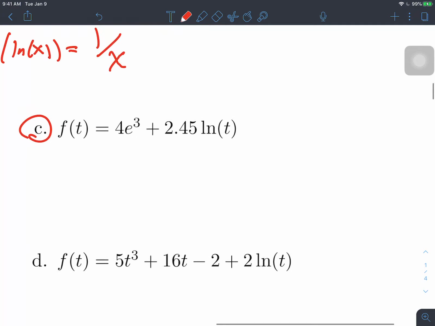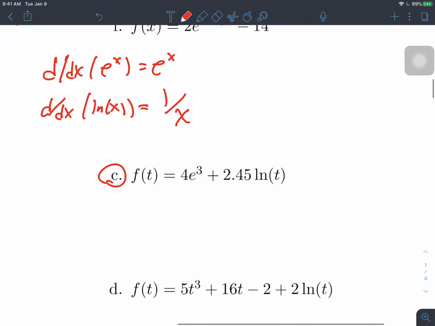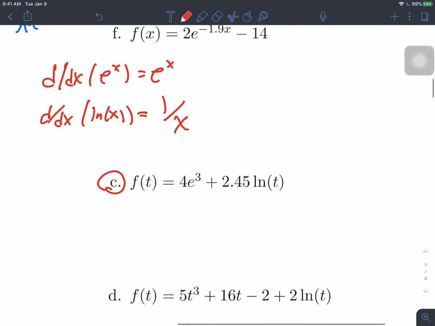What they're thinking is, aha, I just told students about the derivative of e to the x, which is a function. Now I'm going to try to mess them up by putting in something which looks just like that, but is not quite the same. Why is 4e cubed different than what we've been doing so far?